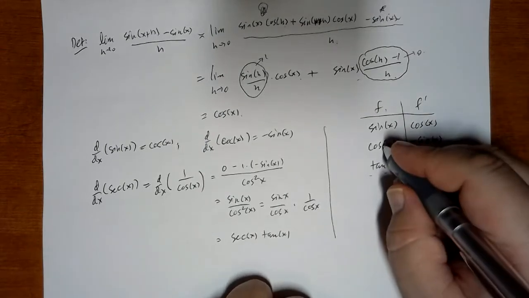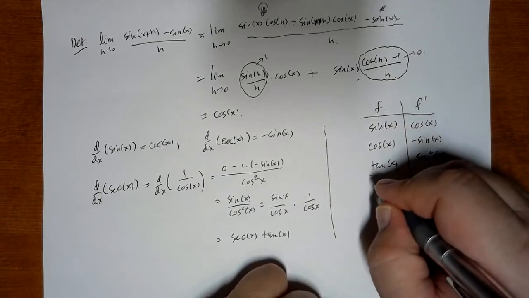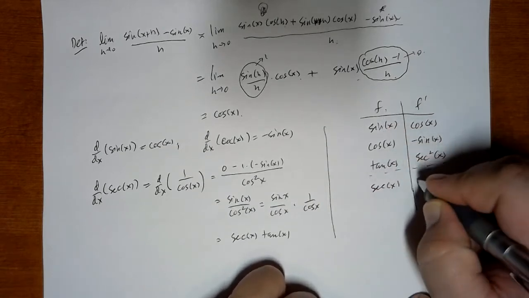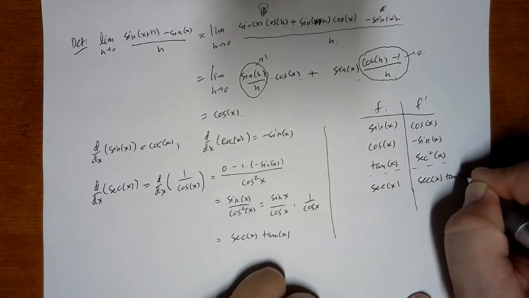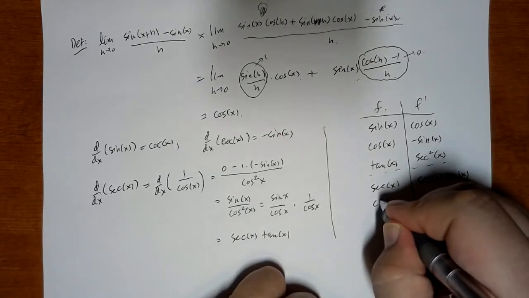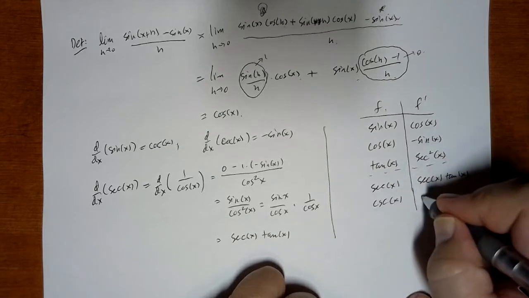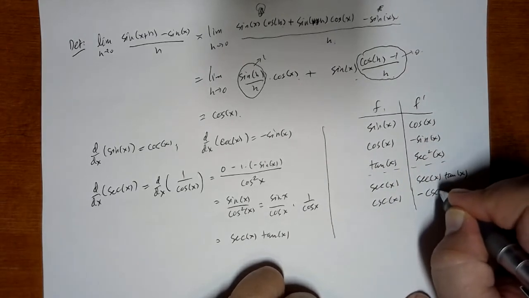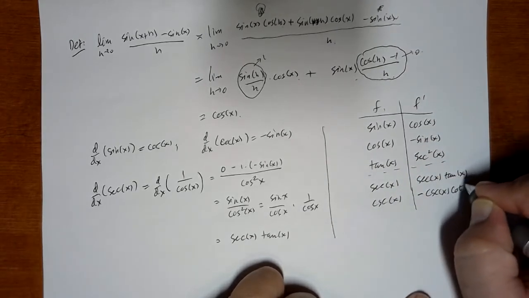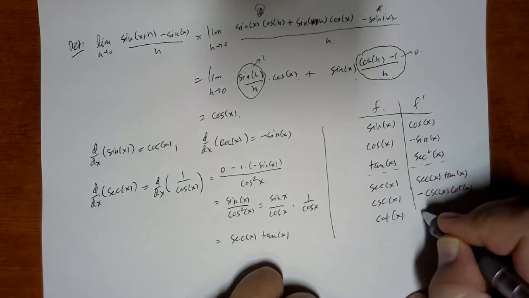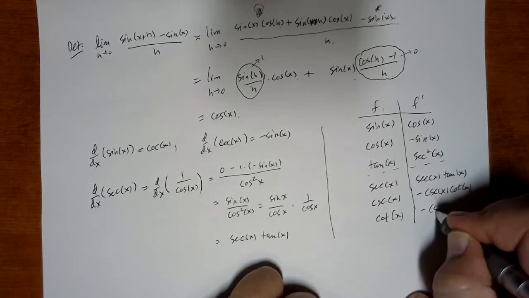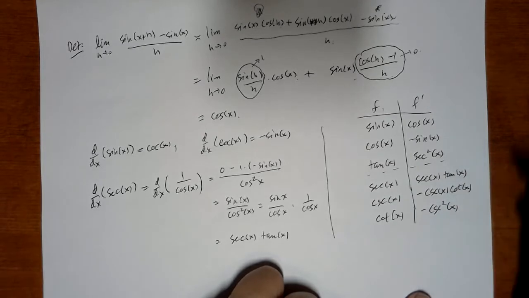The derivative of secant is secant tangent. Cosecant is going to be minus cosecant cotangent. And cotangent is going to be minus cosecant squared.